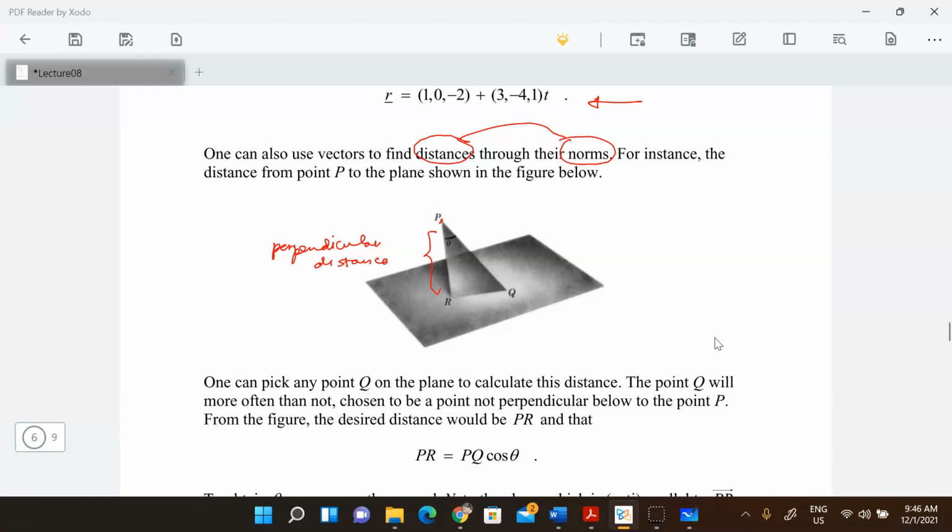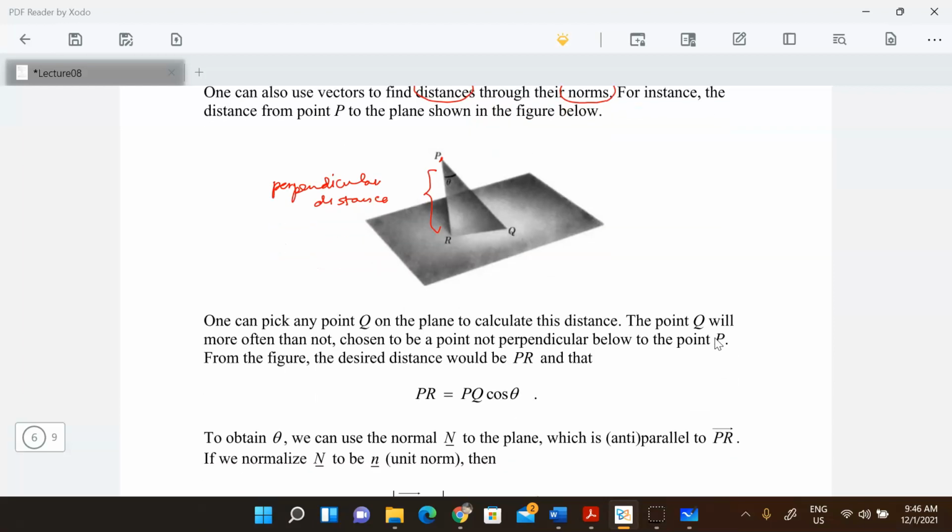Usually you do not know this point R, but you might be given another specified point. Given that situation, one needs to find this vector first, and then deduce the information about this vector PR.